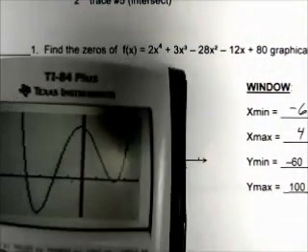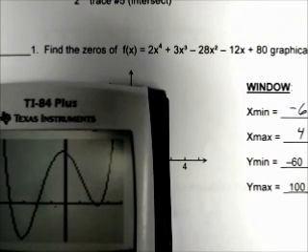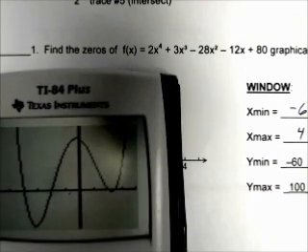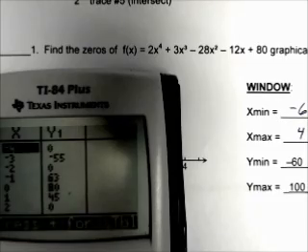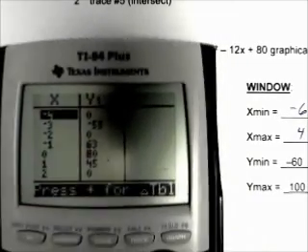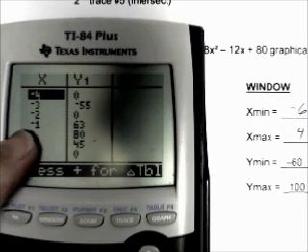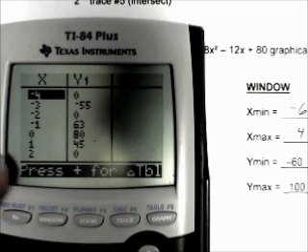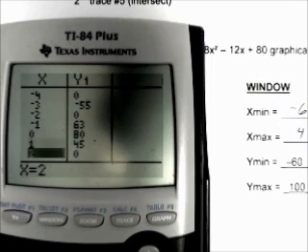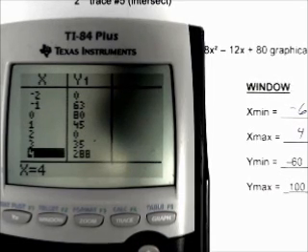All right, let's look at the table. Yeah, at an x value of -4, we have a y value of 0. At -2, y value of 0. And at +2, a y value of 0. All right, and we don't have the 4th one, so we'll have to calculate that one.